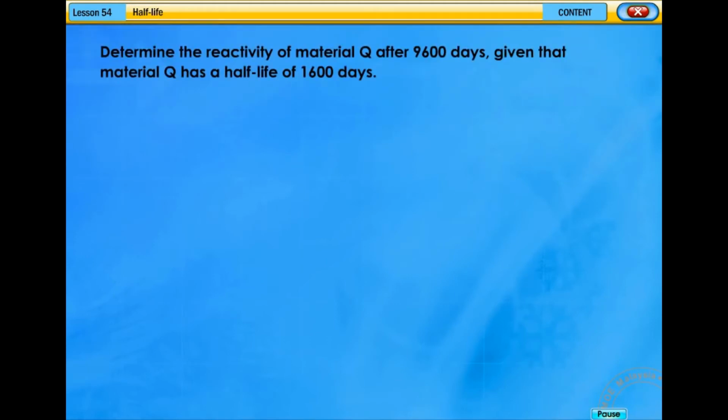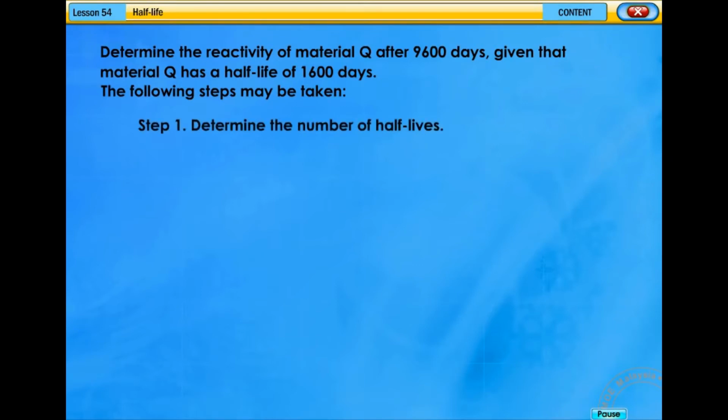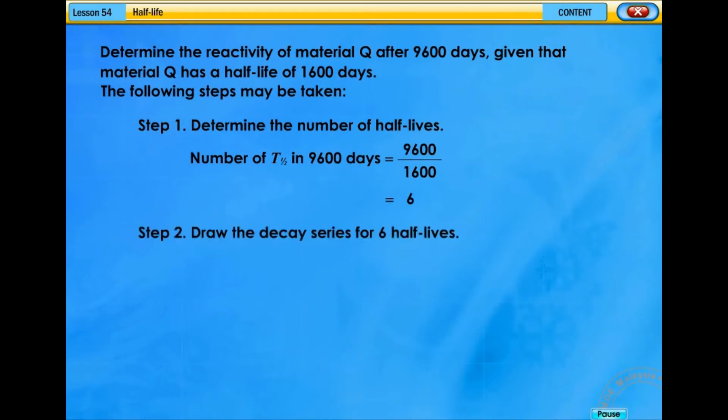Determine the reactivity of material Q after 9,600 days, given that material Q has a half-life of 1,600 days. The following steps may be taken. Step 1. Determine the number of half-lives. Number of half-lives in 9,600 days equals 9,600 divided by 1,600 equals 6. Step 2.